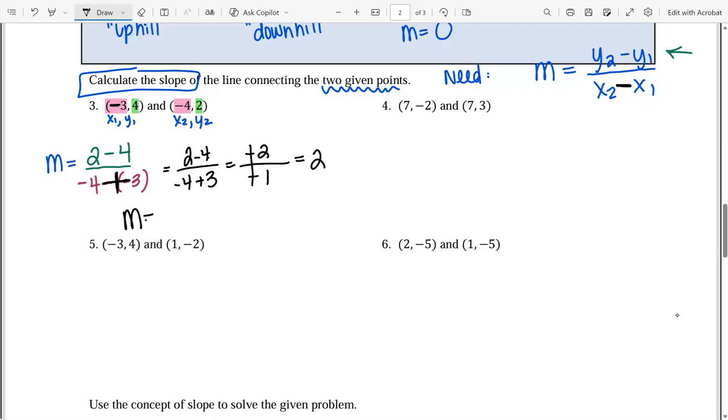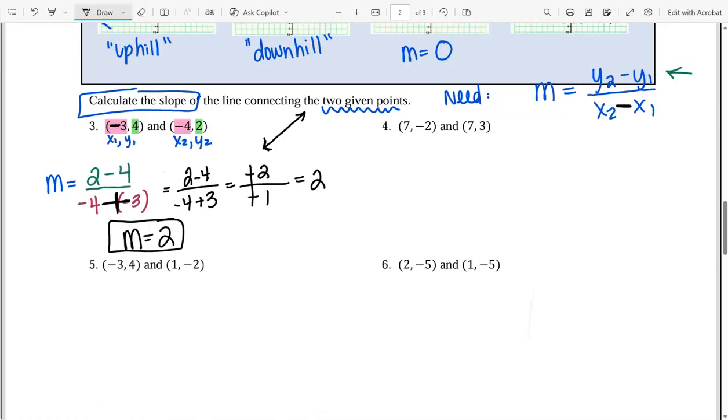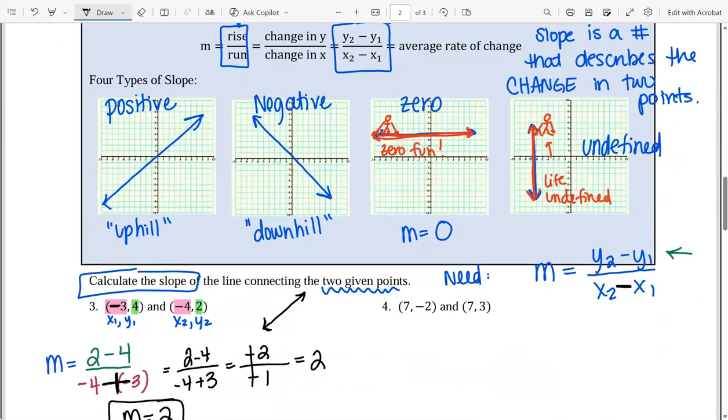So the slope between these 2 points would be the number 2. What that is telling me is that this line will be going uphill. Here in a minute, we're going to see what this number relates to, how it looks on the graph. Right now, all we're doing though is trying to calculate the number. Once I have the number, it'll be easier to connect it back to our graphing conversation.